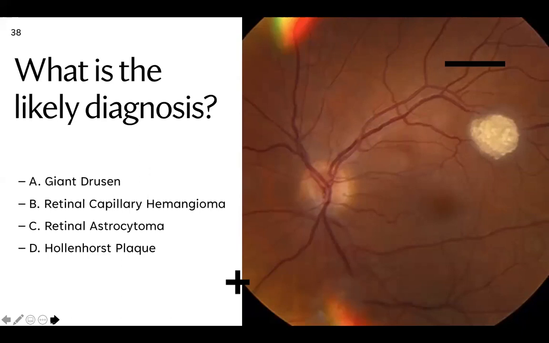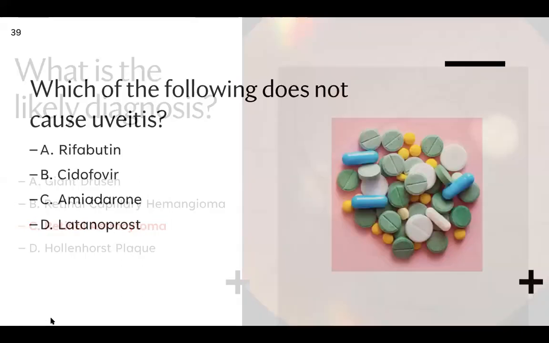Please note the position of this mass with respect to the retinal vasculature. And the time is up. The correct answer is retinal astrocytoma. 61% have marked it right. Pretty straightforward, associated with tuberous sclerosis.